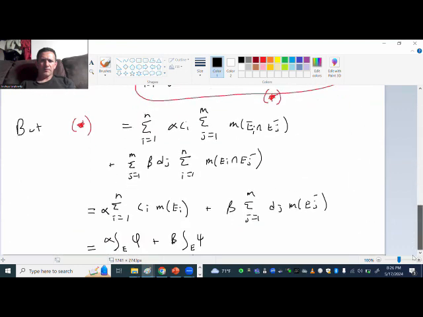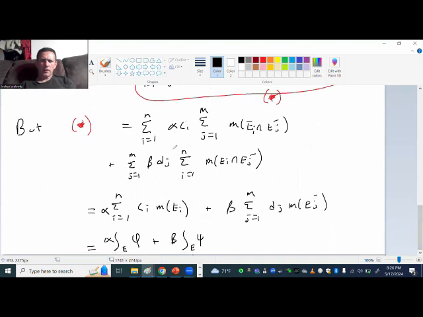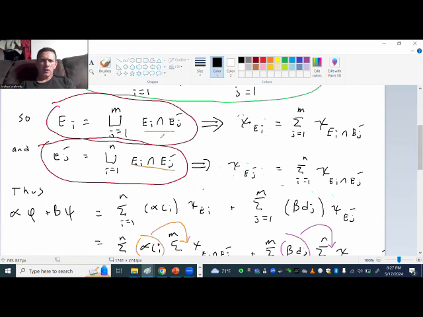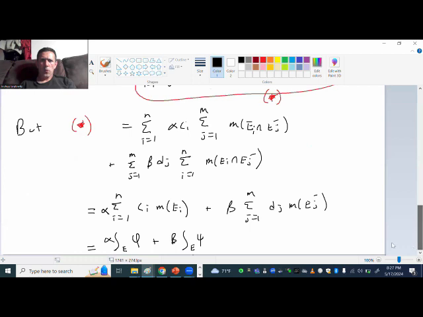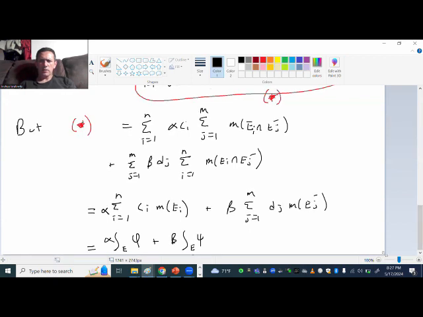So this step utilizes these two, and then when I do that, the definition of the Lebesgue integral of phi and psi respectively literally pops out. So that ends the proof of one. Nice little easy proof.